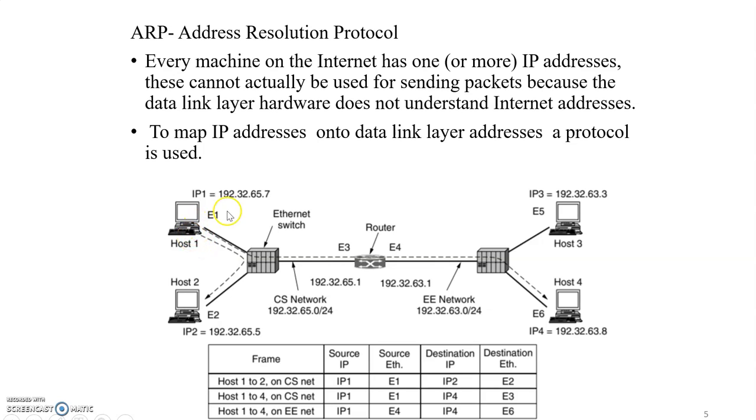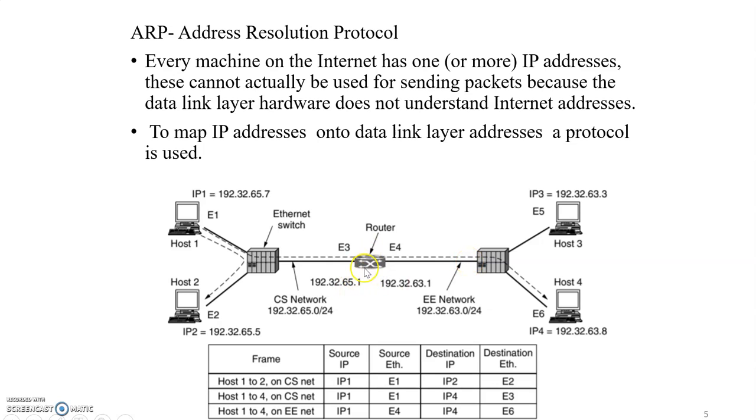Here hosts have the addresses starting from 192.32.65.7, and we have considered two hosts over here, 192.32.65.5. As of now we are assuming the Ethernet address of host 1 is E1 and the Ethernet address of host 2 is E2. The router here has two interfaces which are connected to the CS network and the EE network.